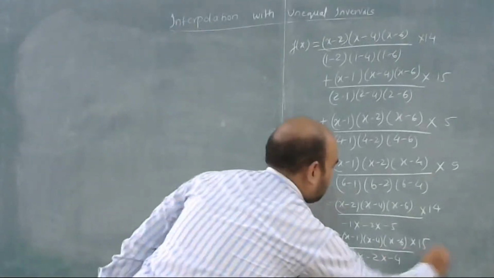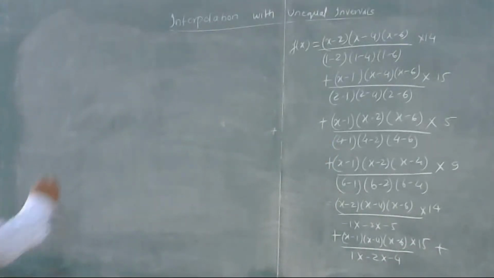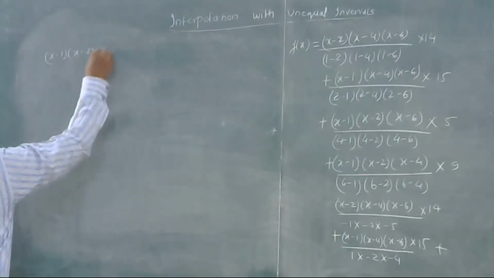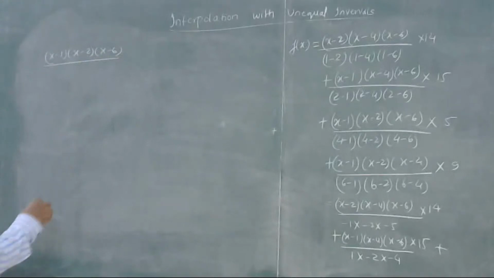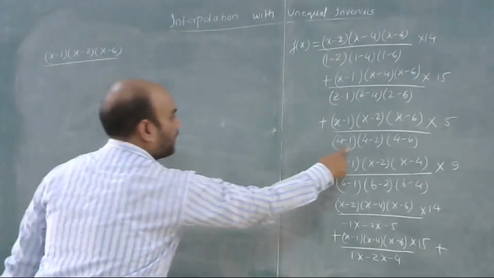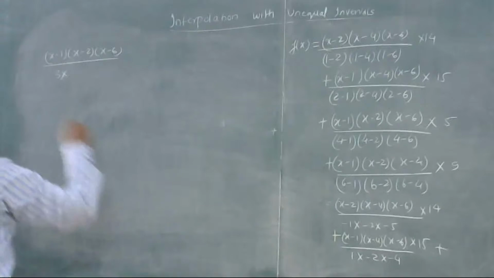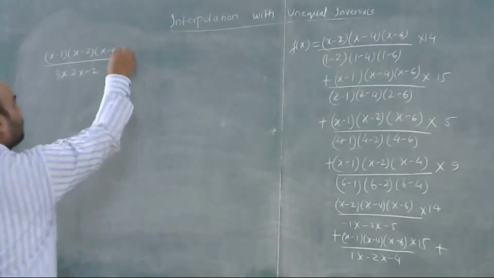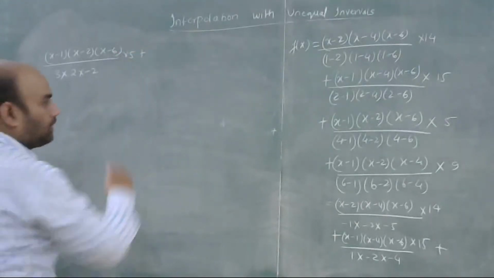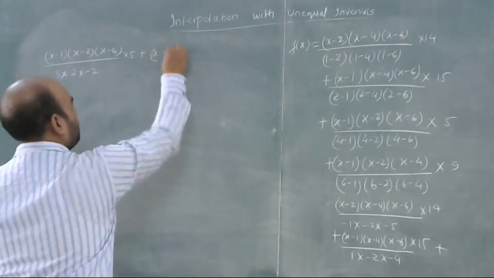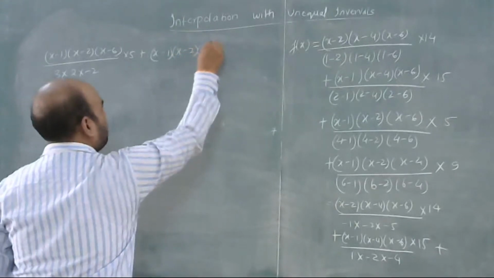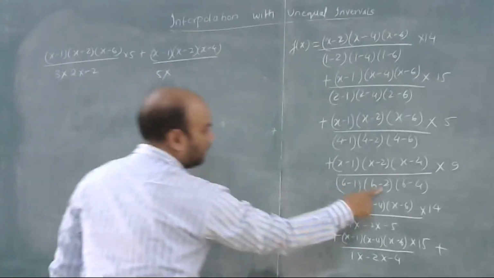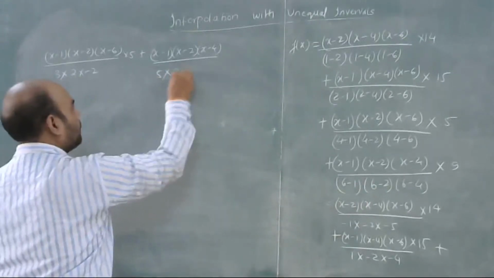Plus the third term will be x minus 1, x minus 2, x minus 6 whole divided by 4 minus 1 is 3, 4 minus 2 is 2, into minus 2, into 5, plus x minus 1, x minus 2, x minus 4 whole divided by 5 into 3 into 2.